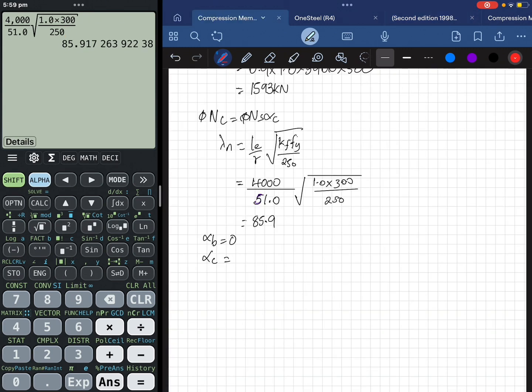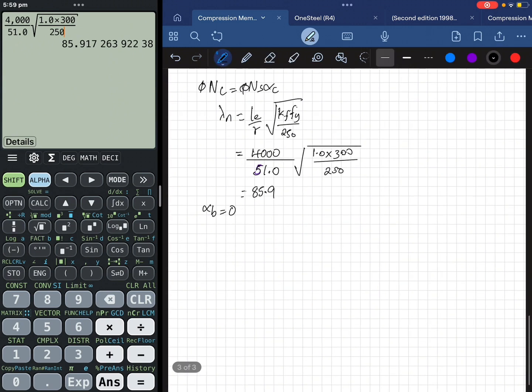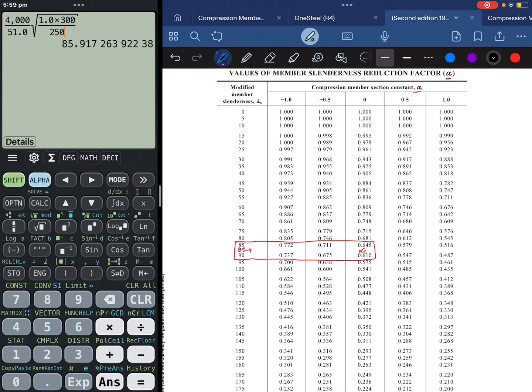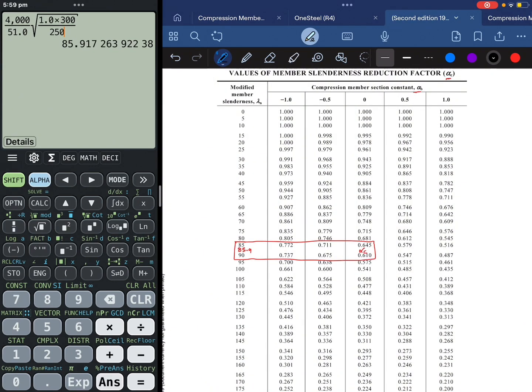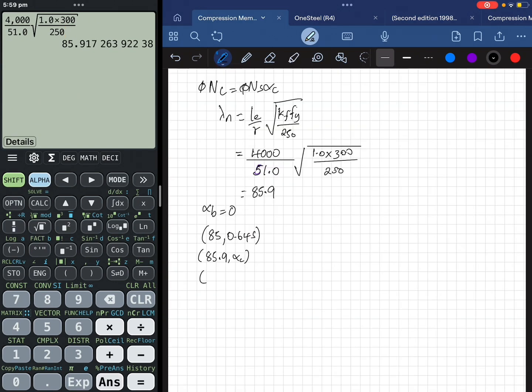The way I like to do this is to take it as coordinates, get the gradient, and then solve for the y coordinate at that point, being alpha c. So we have 85 and 0.645, 85.9 and alpha c, which is what we're trying to find, and then the next one is 90 and 0.61.